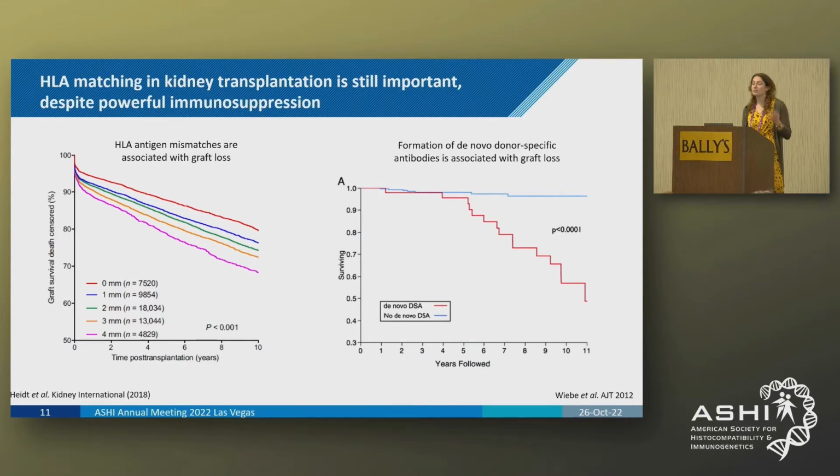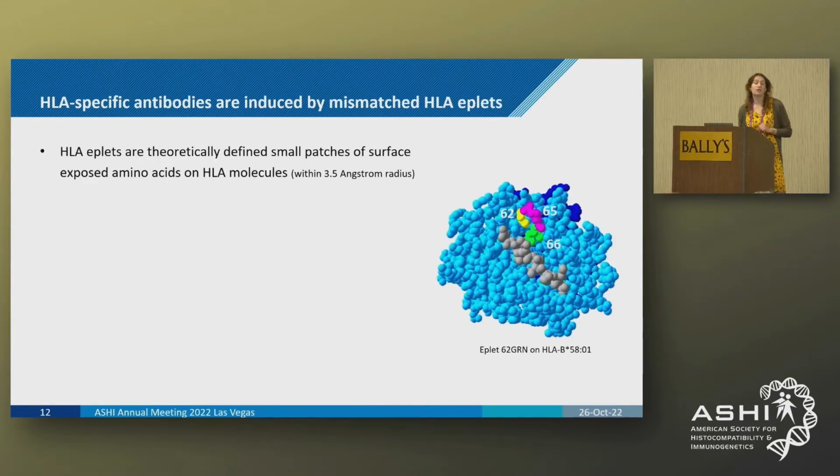These HLA-specific antibodies are induced by mismatched HLA eplets. First, a brief introduction of HLA eplets. These are theoretically defined small patches of surface-exposed amino acids on HLA molecules. The definition describes that they are within a 3.5 angstrom radius.